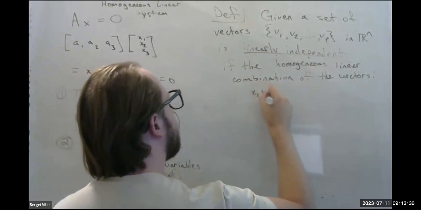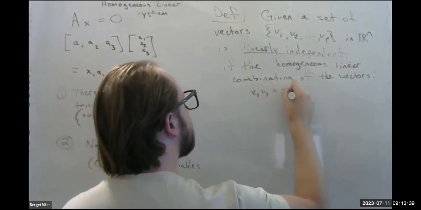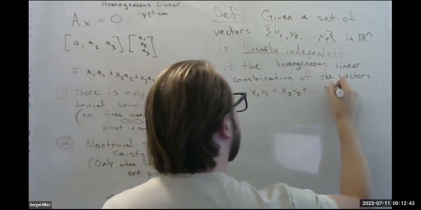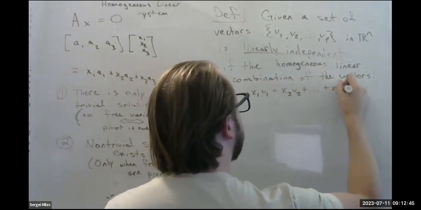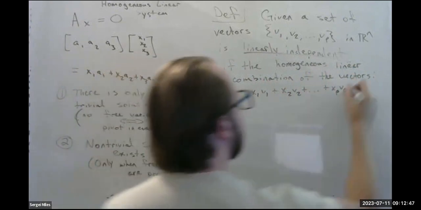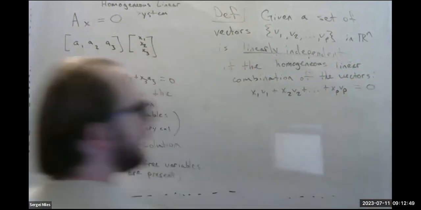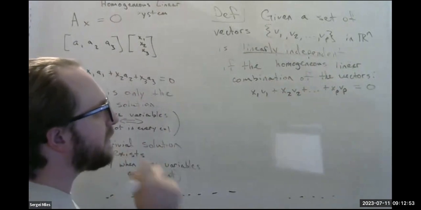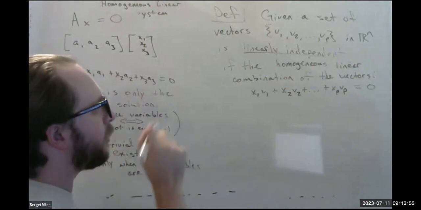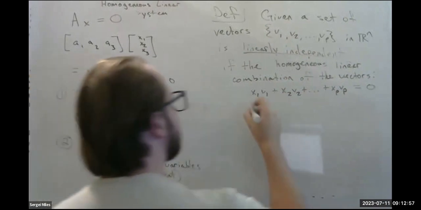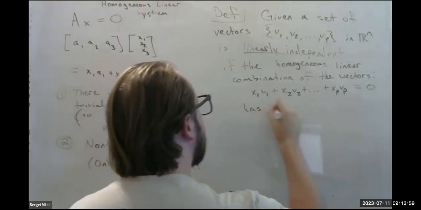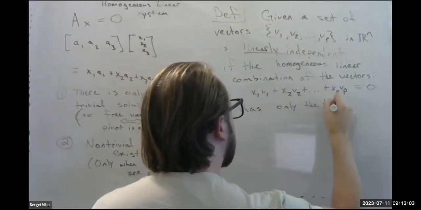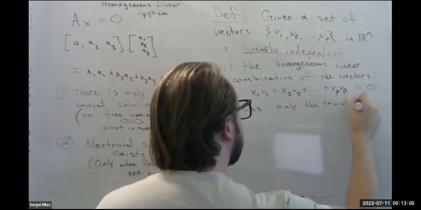Well, I can multiply v1 by a scalar, plus I can multiply v2 by a scalar, plus ... I can multiply vp by a scalar. But this is the homogeneous combination, so it's set equal to 0. We're going to say these vectors are linearly independent if the homogeneous linear combination of the vectors has only the trivial solution.